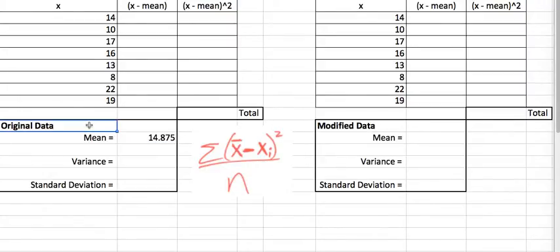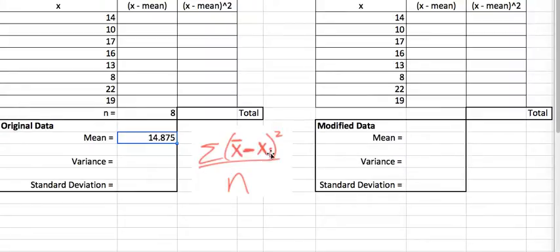If we wanted to say how many there are, I'll go ahead and put that here. Okay, so there's 8 different scores here. So we're finding the mean, so we're going to add up a bunch of stuff and divide it by 8 in this case. So what are we adding up?